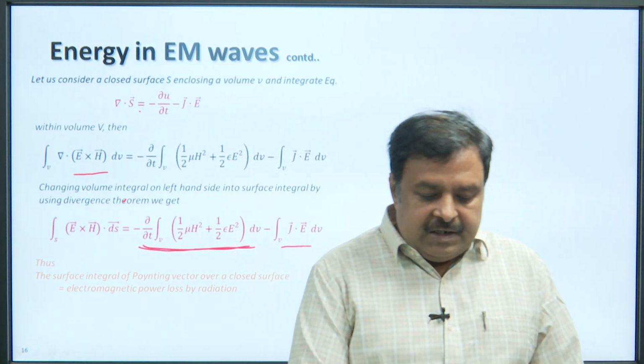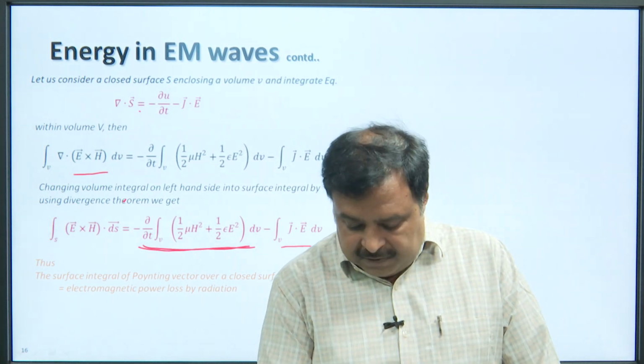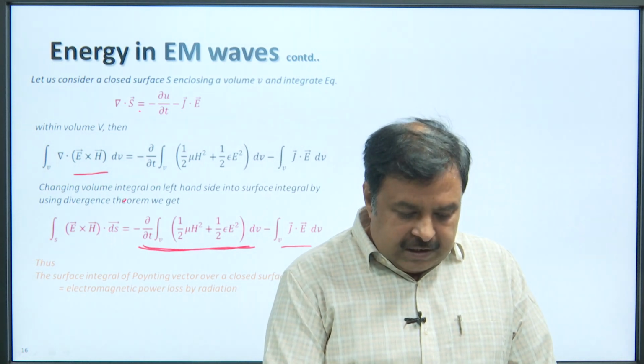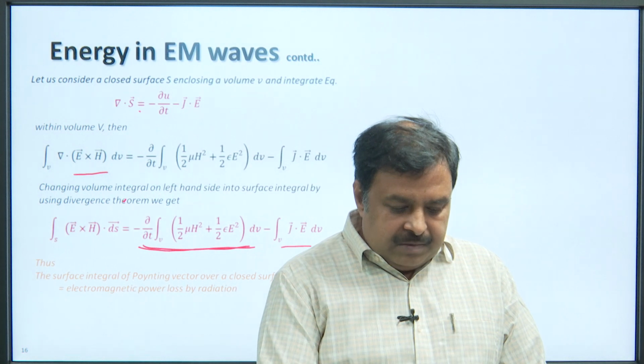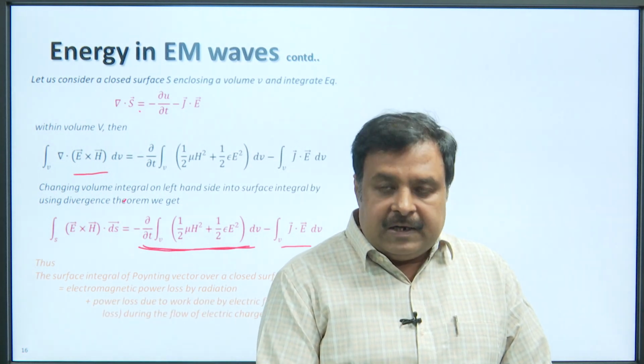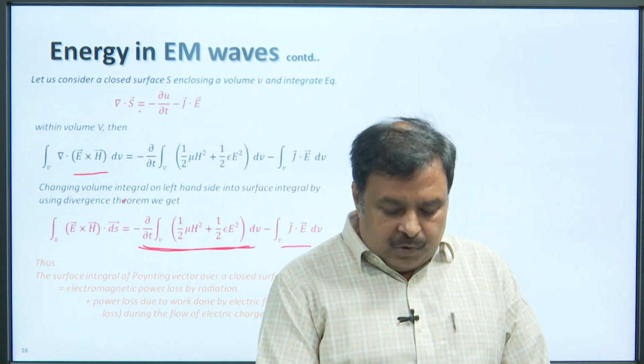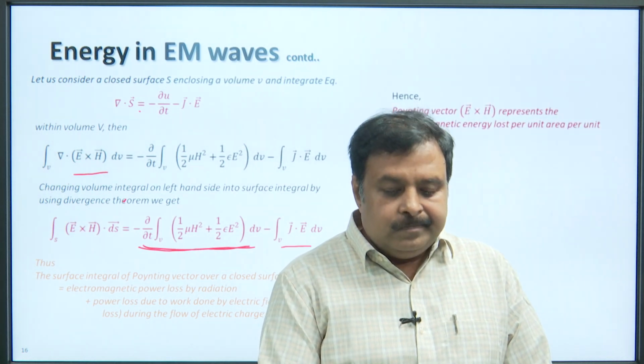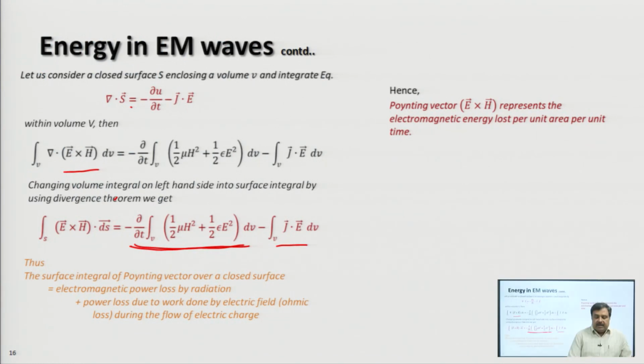Ohmic loss is because of loss of energy because of flow of charge. So, the surface integral of Poynting vector over a closed surface is equal to electromagnetic power loss by radiation plus power loss due to work done by electric field, that is ohmic loss during the flow of electric charge. Hence, Poynting vector E cross H represents the electromagnetic energy lost per unit area per unit time.